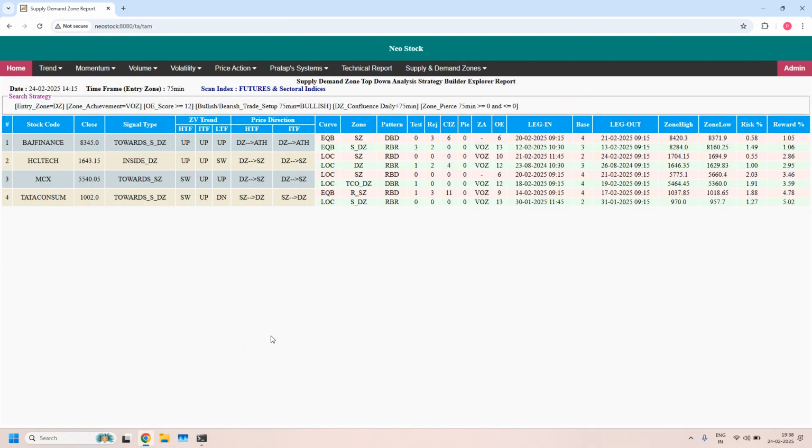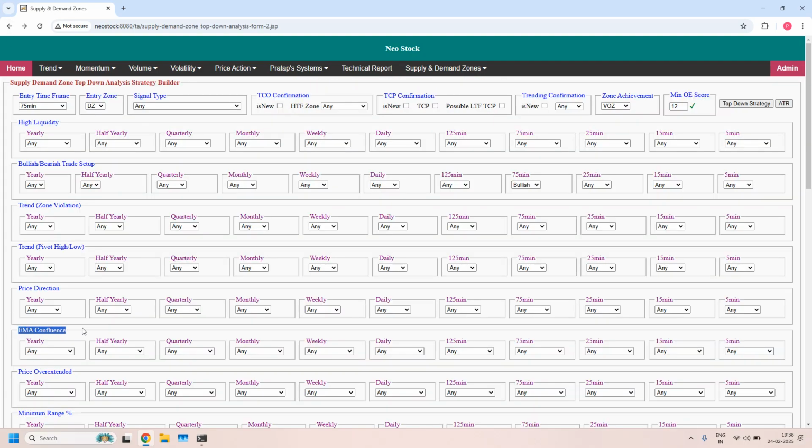We got all the 4 stocks. That means in all these 4 stocks, these 75 minutes demand zones are overlapped with daily demand zone, and the daily trend is up in all these stocks.